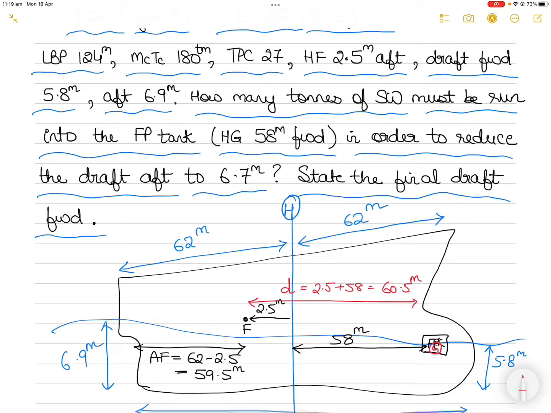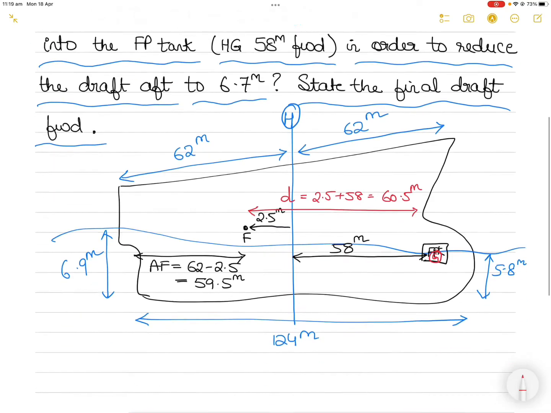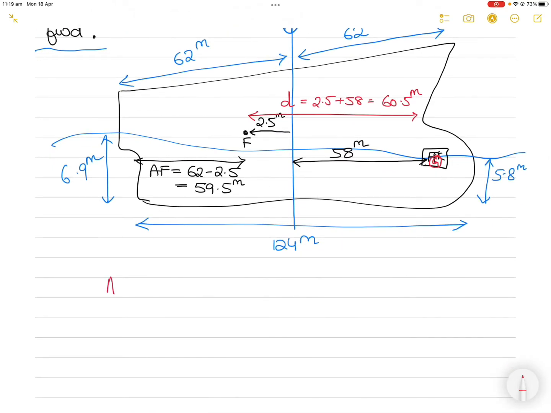Now let's understand the question. The aft draft right now is 6.9 meters and we have to run water into the forepeak tank, like loading cargo, and reduce the aft draft to 6.7 meters. Aft draft current is 6.9 meters.